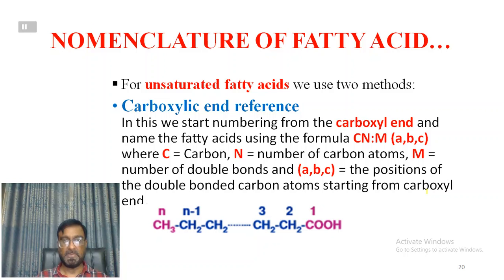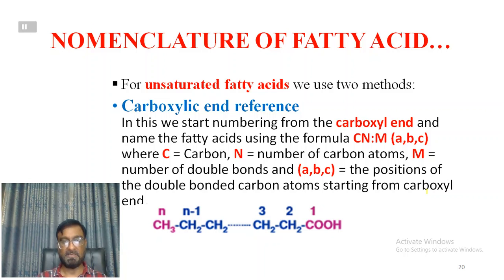In case of the unsaturated fatty acids, we are using two methods, carboxylic end reference and methyl end reference. In the first, we start numbering from the carboxyl end and name the fatty acid using the formula CN:M, where C is the carbon, N is the number of carbon atoms, M is the number of double bonds.